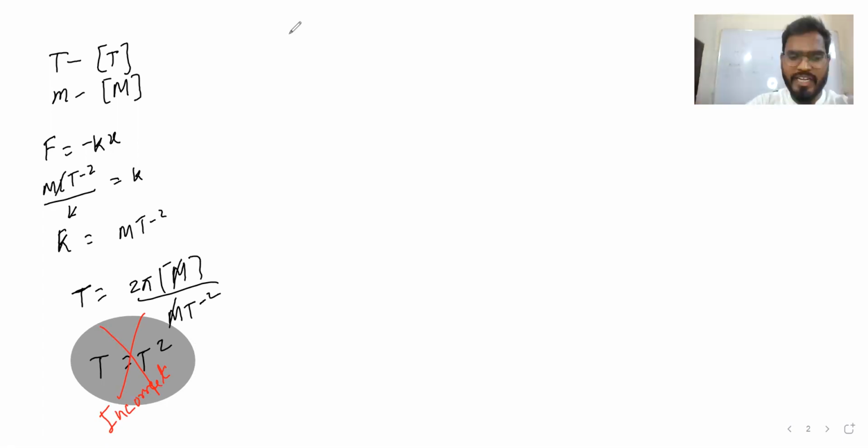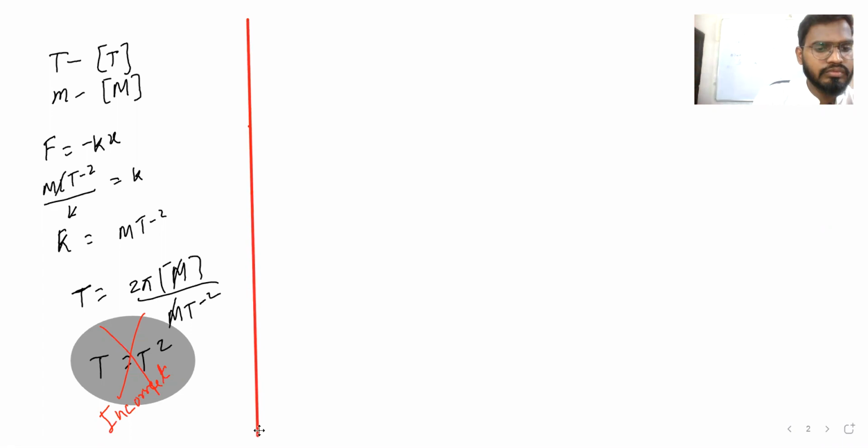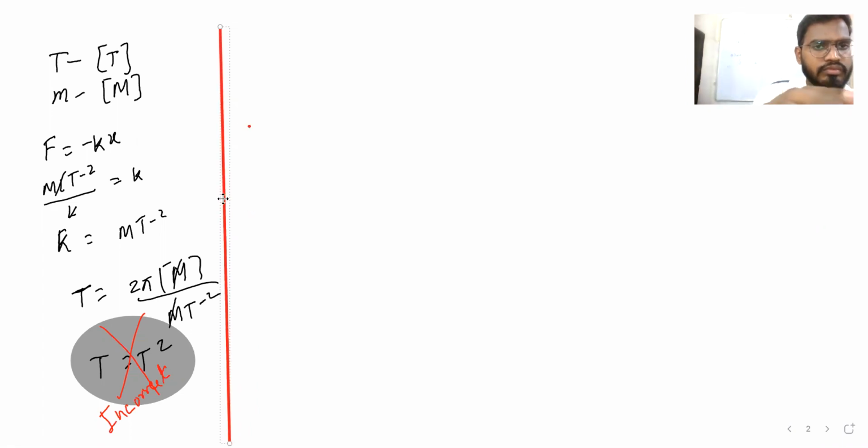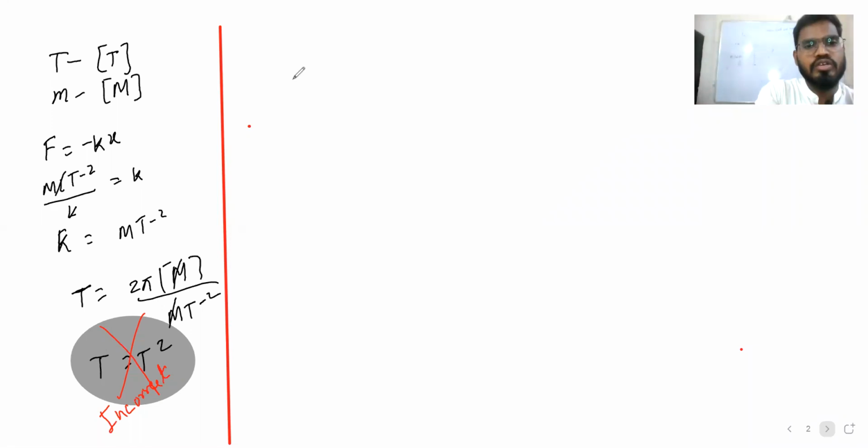So now we understood one thing, that yes, it is not correct. Let's make it correct first. Now we can say the time period is ultimately dependent upon mass and force constant k.